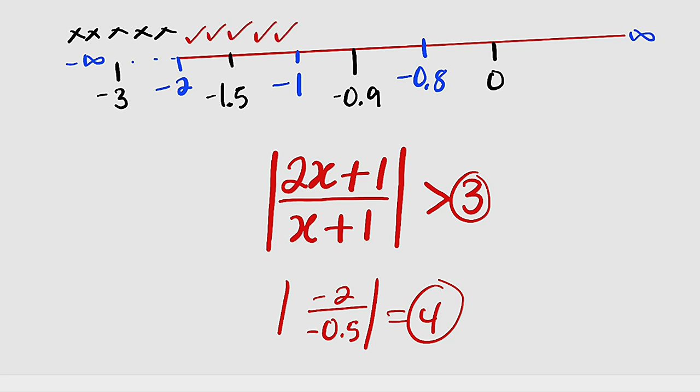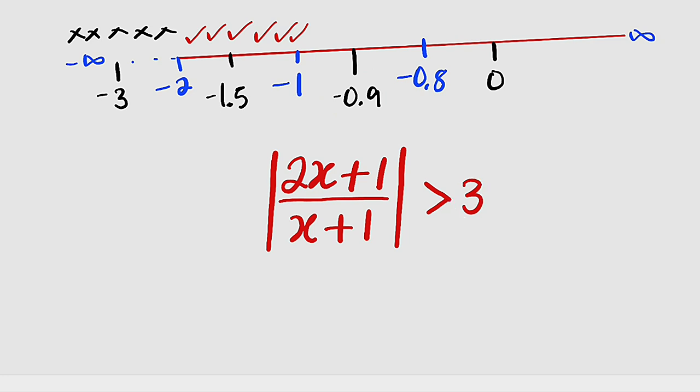You see that? Then let us check negative 0.9. If x is negative 0.9, we multiply by 2, and whatever we obtain, we add 1. So the top will be negative 0.8. Divide by negative 0.9 plus 1, which is 0.1. Remember, we have absolute value here.